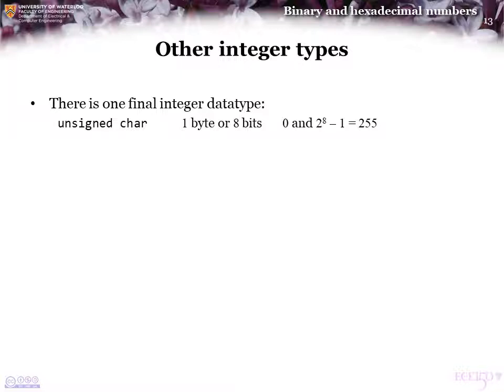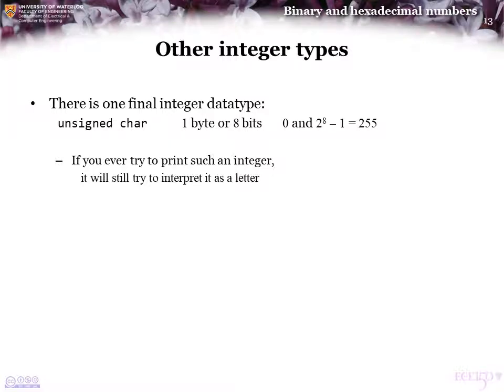Well, an unsigned char, at least, is 1 byte or 8 bits, and this can be used to represent integer values between 0 and 2 to the 8 minus 1, or between 0 and 255. Notice, even if you declare an integer to be of type char, if you do try to print it, it will be printed as a character.